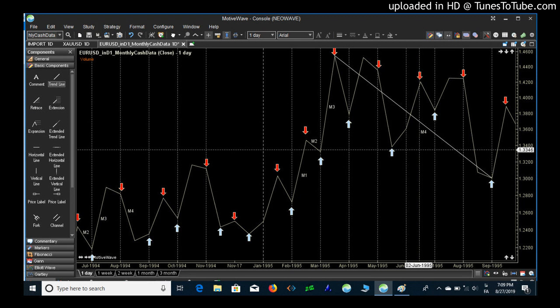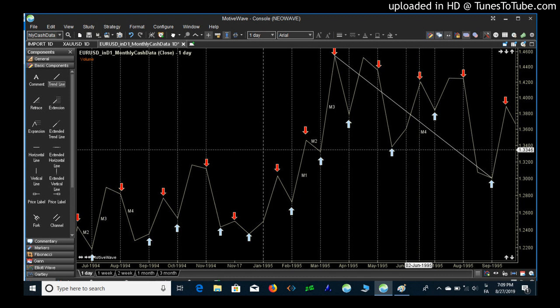Okay, so when you're beginning a pattern of a larger degree or the same degree as the bigger pattern that just ended, we have the market defining what qualifies as a primary degree. We can call this intermediate, we can call it anything. I'm just going to call it primary degree.